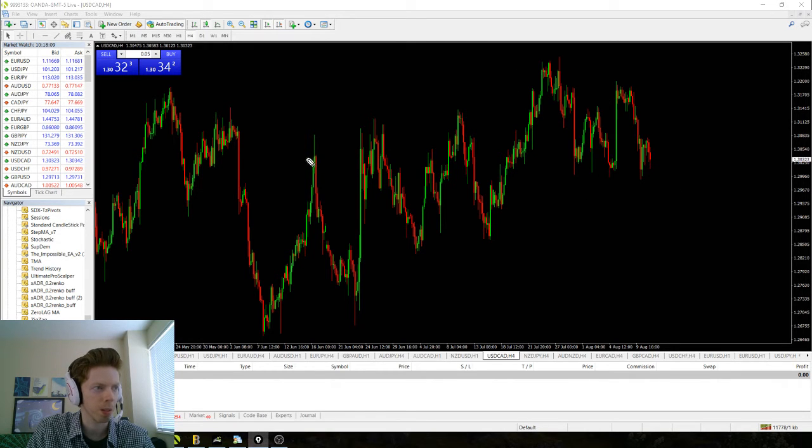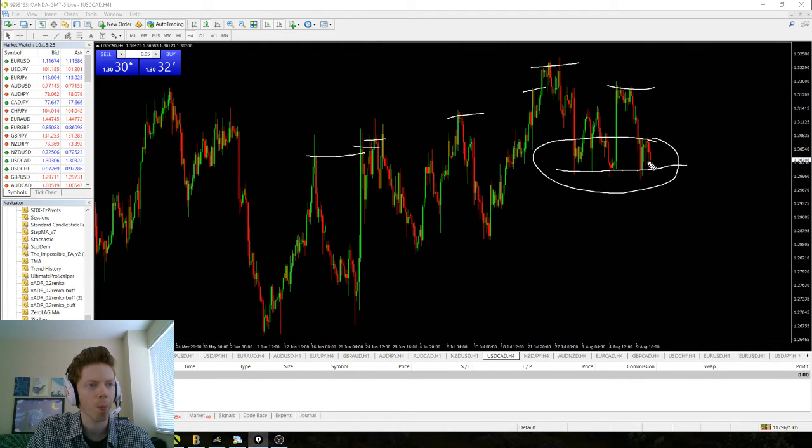The reason why is because we're seeing new higher highs being made, and then this is a lower high. So we're gonna have to wait and see if this support area is gonna hold. And since this higher high was broken by a lower high, then this could potentially head on its way down.